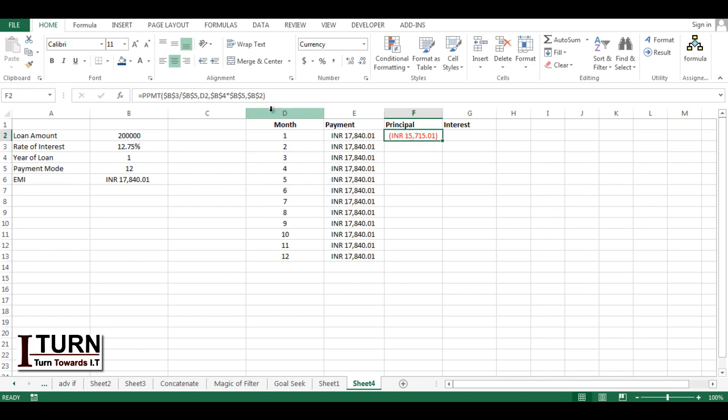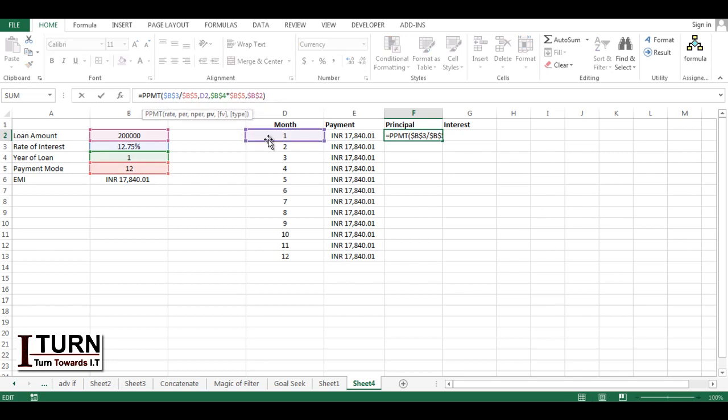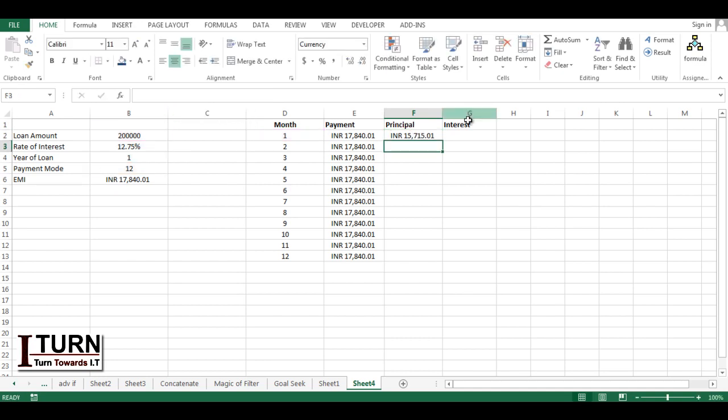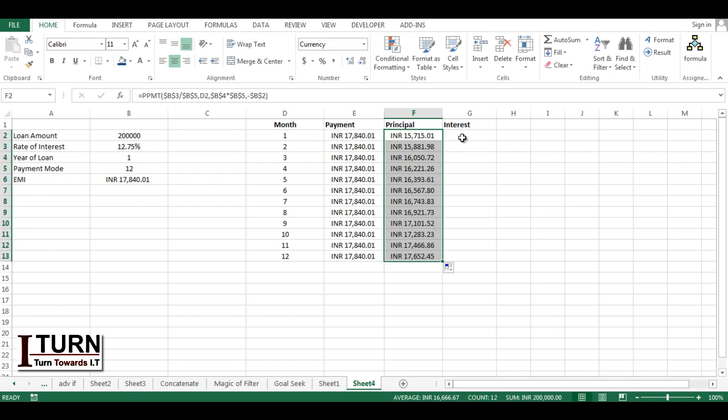Another thing is because it's coming in a red color, this means it's a negative value. Generally it shows us that. So I'm going to put this subtract symbol in front of PV and enter. Okay, so this is the principal amount, going to drag it. Similarly I'm going to get the principal amount for every month.